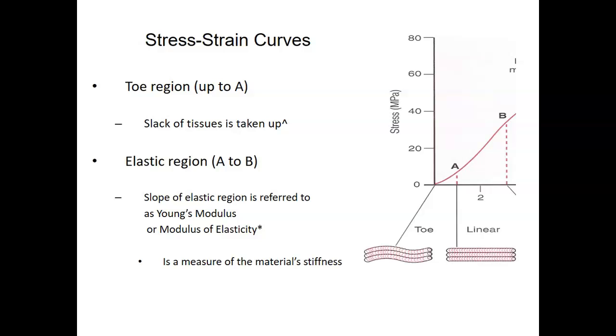The elastic region, which is A to B on this chart, is how much difference in length there is with that amount of force. And it's a measure of the material's stiffness. So if you think about the rope compared to the TheraBand, there's going to be very little change with the rope.